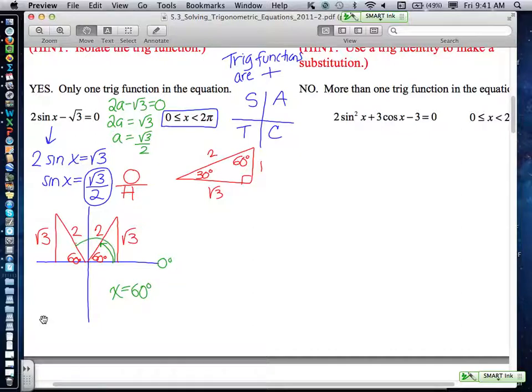Here's another solution, that's x equals 120 degrees. And then I want to take note that my original domain was 0 to 2 pi. So if the domain is given in radians, I'm going to give my answer in radians. So I'm going to convert this to pi over 3 and 2 pi over 3.